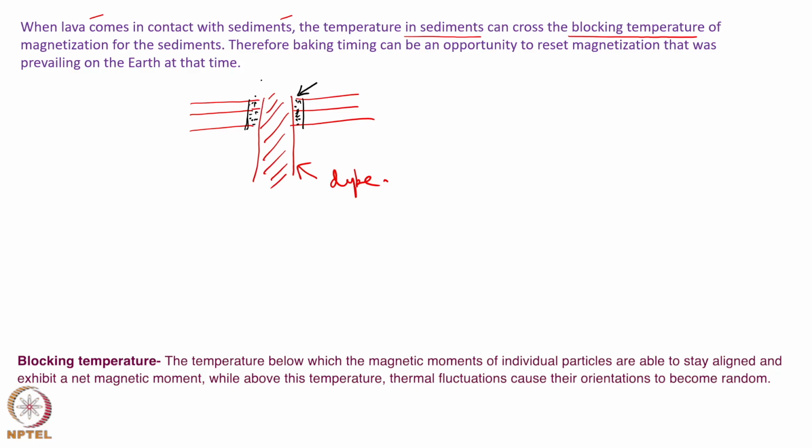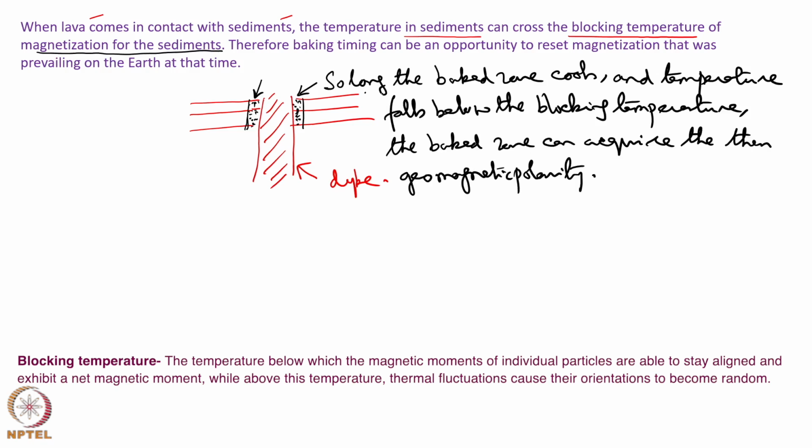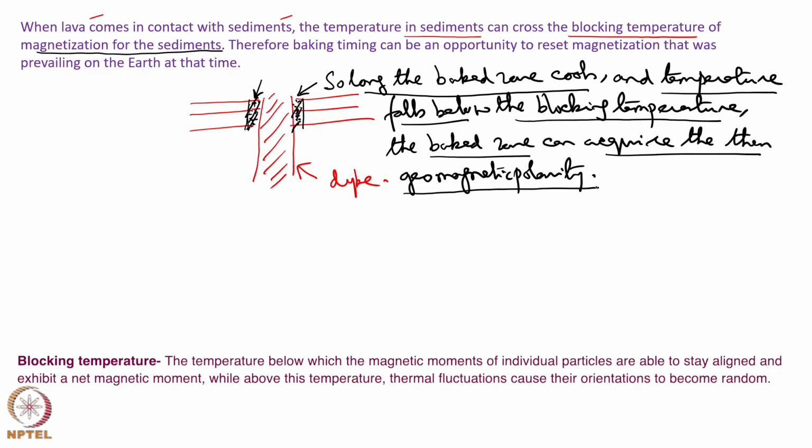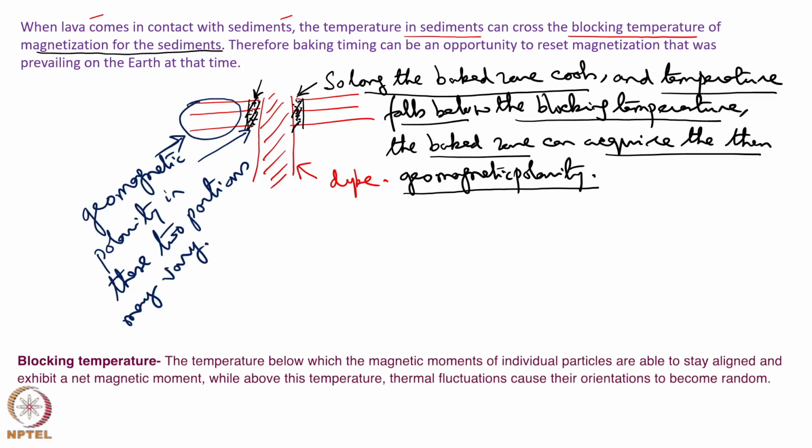This temperature rise at the periphery of the dike can cross the blocking temperature of magnetization for the sediments, and as this portion of the sediment cools down, it can acquire the magnetic polarity prevailing at that time on the Earth. As the baked zone cools and the temperature falls, before it drops below the blocking temperature, this zone can acquire the then geomagnetic polarity. Which means that the geomagnetic polarity in this portion and in this portion may vary, and also in this zone and in this zone.